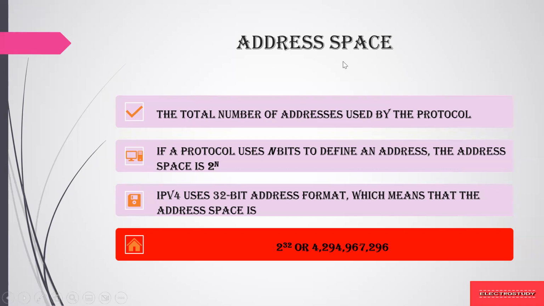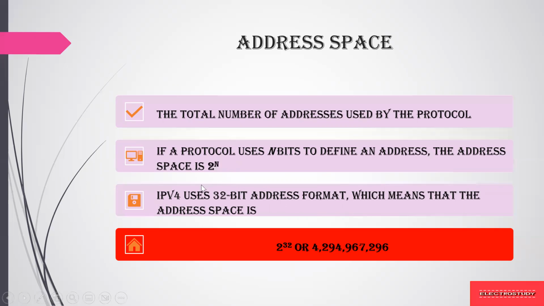Under address space, the complete address space will be used by each protocol in that particular layer. Now, if a protocol uses n bits for defining the complete address of a device, that address space will be denoted by 2 to the power of n. That is, when n is 32 bits, it will be represented as 2 to the power of 32.